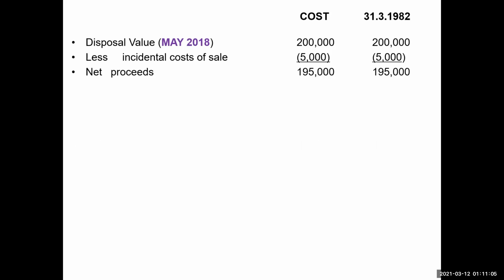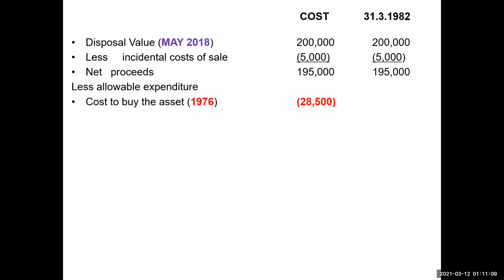Great. Now let's subtract all allowable expenditures first for the cost component only. We bought it in 1976, so it will affect only the cost. This is pre-1982, so we're dealing with that only. Any enhancement pre-1982? Yes, that was 1,500. What was the value of the assets on 1982?